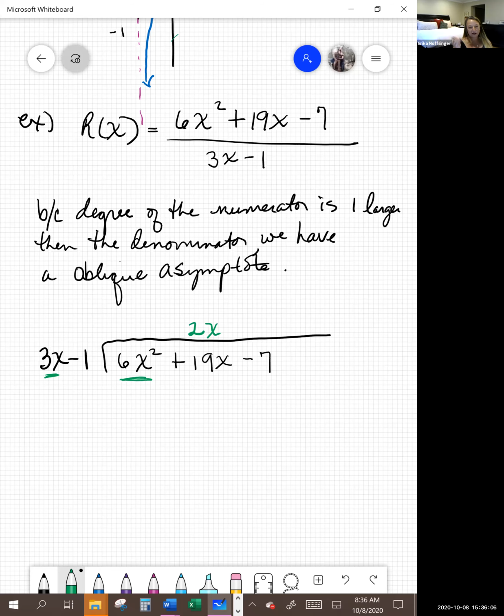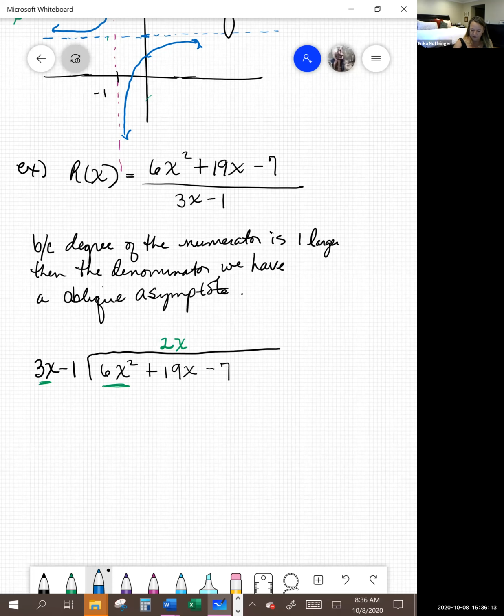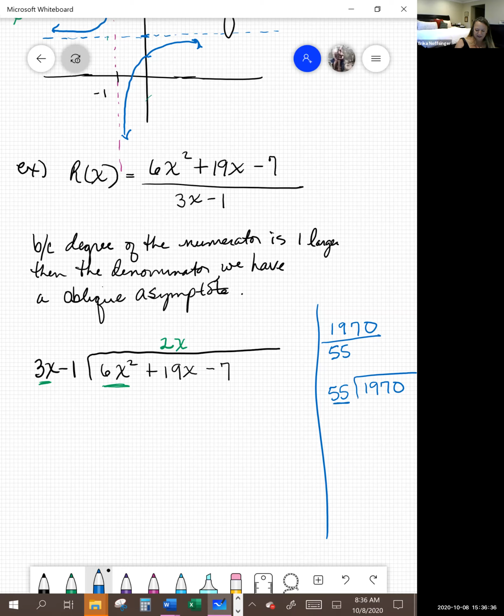So remember when you figured out what number went in? If I was looking at 55 going into 1,970, the first thing we did was look at the 55.